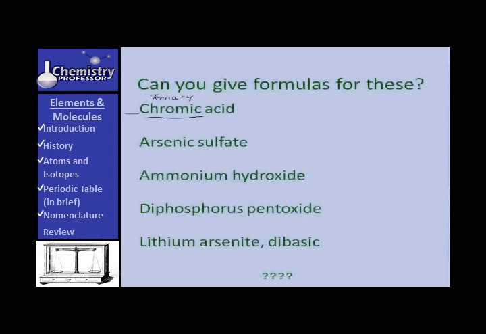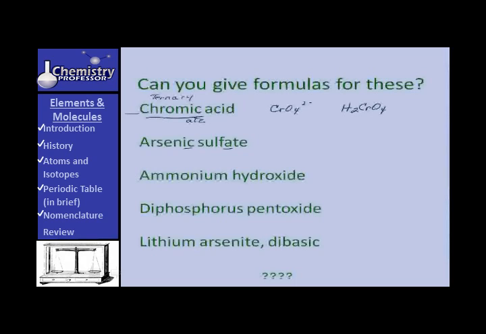This is chromic acid, so that must have come from the chromate radical. Well, the chromate radical is CrO4 with a -2 charge. Therefore, it's going to have how many hydrogens? That's right, it's got to have 2. So it's H2CrO4, chromic acid.